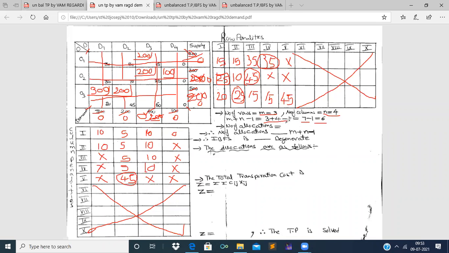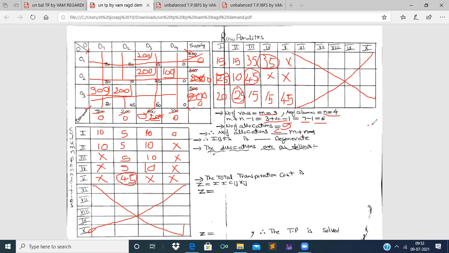Now let us count the number of allocations: first row 1, second row 2, that is 3 allocations, 4 and 5. Therefore, the number of allocations is 5. We compare this with m plus n minus 1. Therefore, 5 is less than m plus n minus 1, so the IBFS is degenerate.